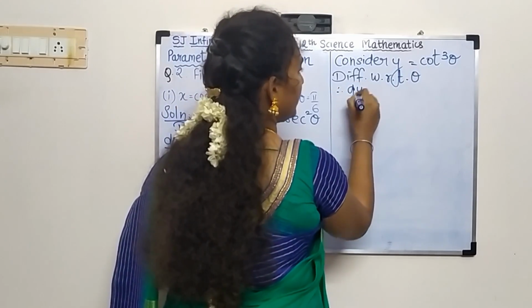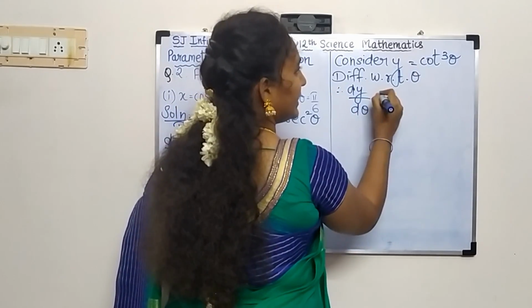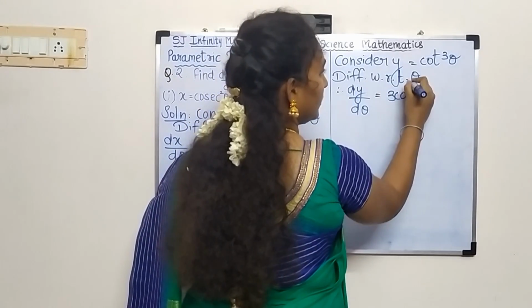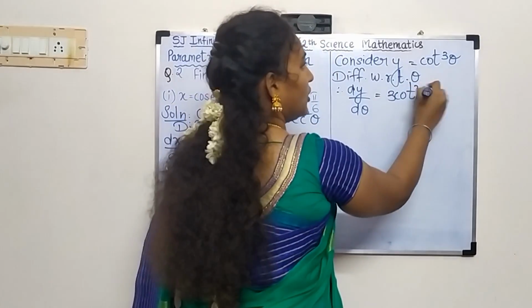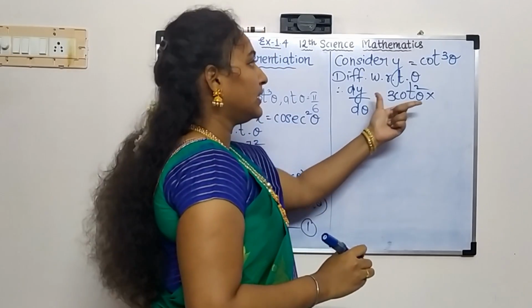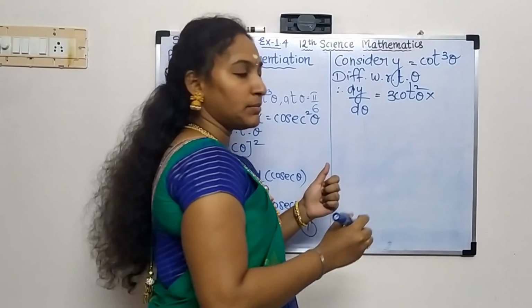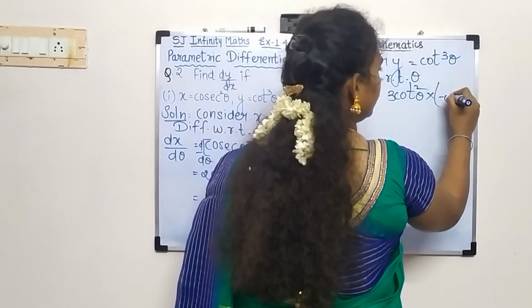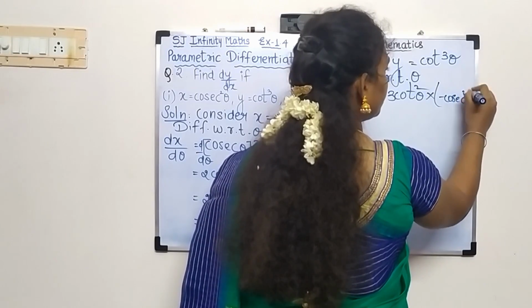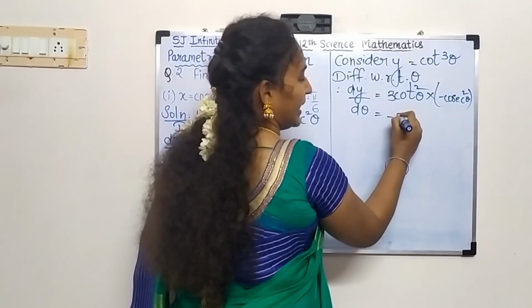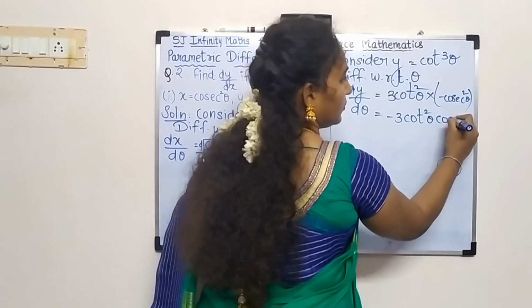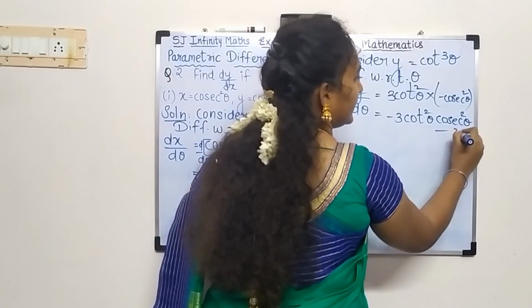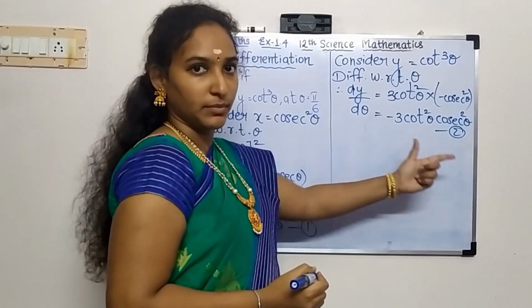Therefore, dy by d theta is equal to 3 cot square theta multiplied with derivative of cot theta, which is minus cosec square theta. So this is equal to minus 3 cot square theta cosec square theta, and this be equation number 2.